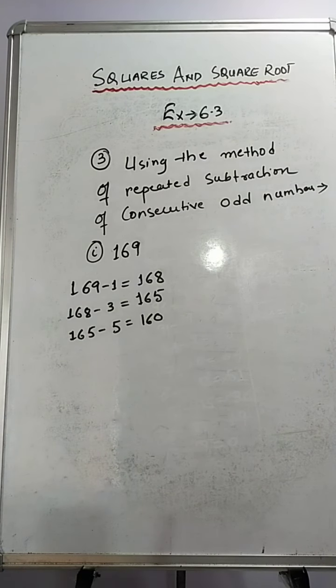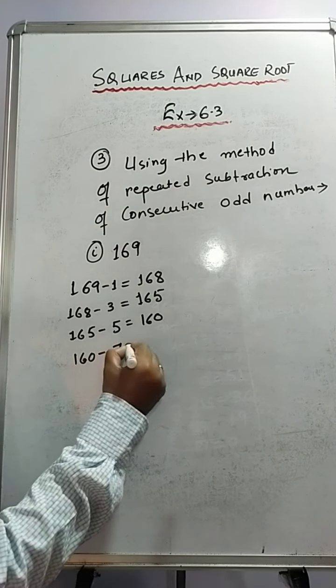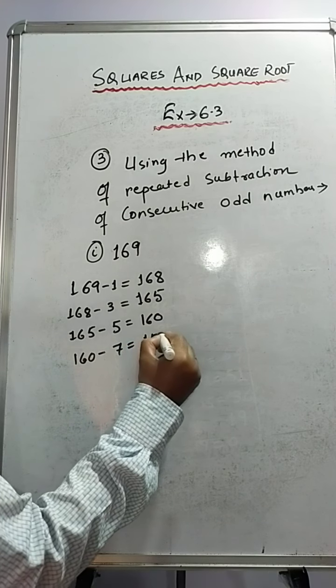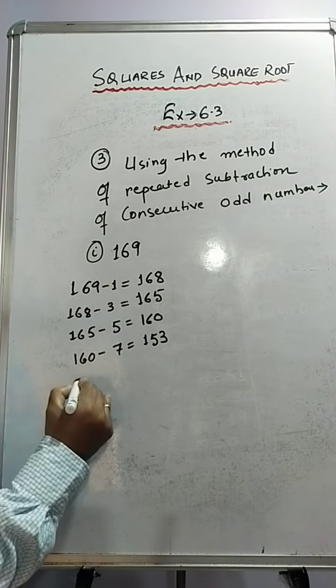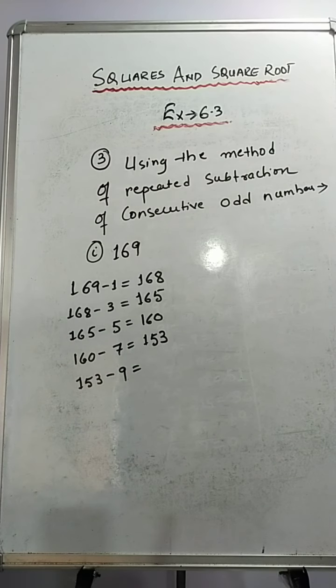And then 160 minus 7 would be 153. 153 minus 9, that would be 144.